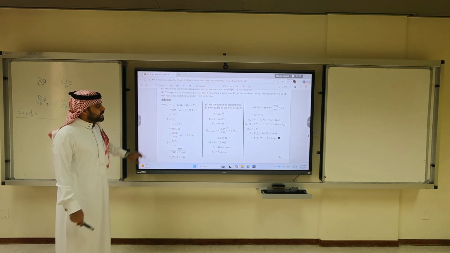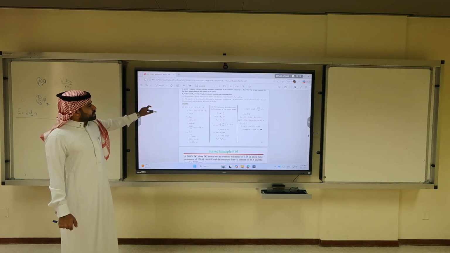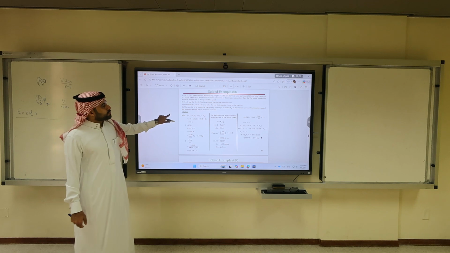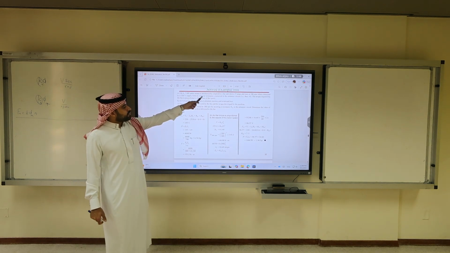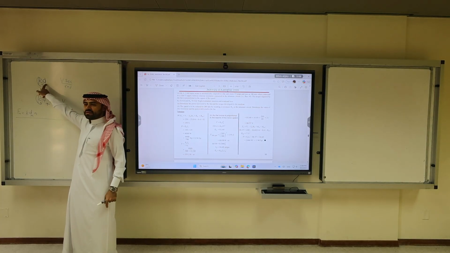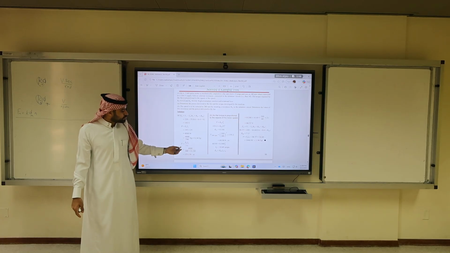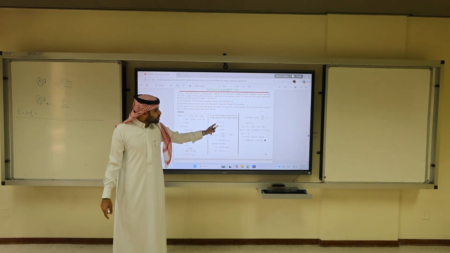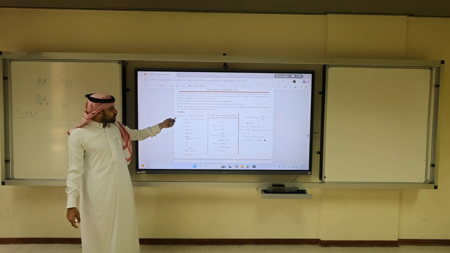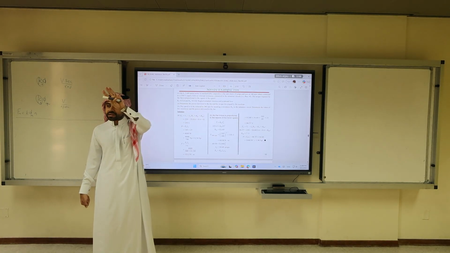In the previous example, we had a series motor with a fan load. A series motor doesn't have this equation because it doesn't have a separate field. A series motor has a different equation, which is torque equal KSR times IA squared. What we did here is calculate EA from VT minus IA times the three resistances.